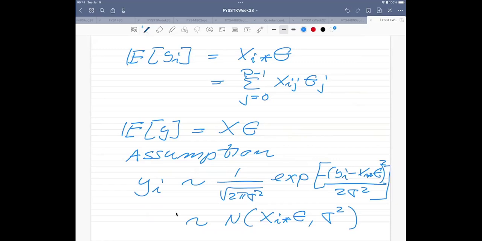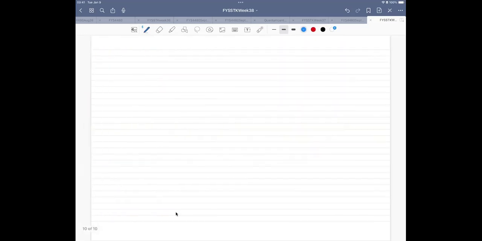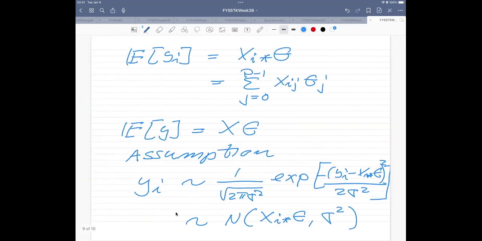Later we are going to show, and this is actually one of the exercises this week as well, that the variance of y_i is actually given by this number sigma squared. So we have a mean value, which is given by this quantity here, and then we have a variance, which is given by this one.